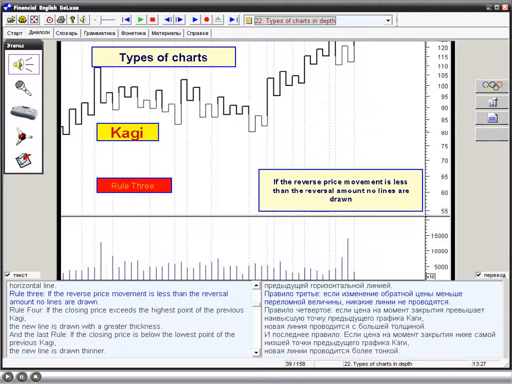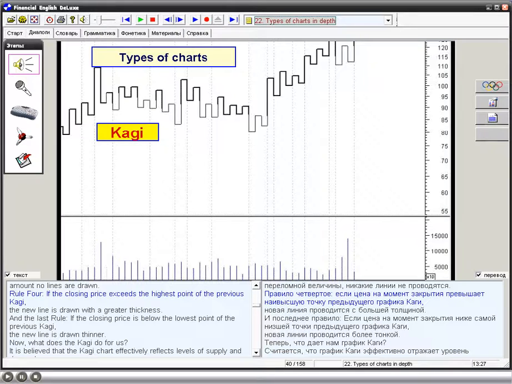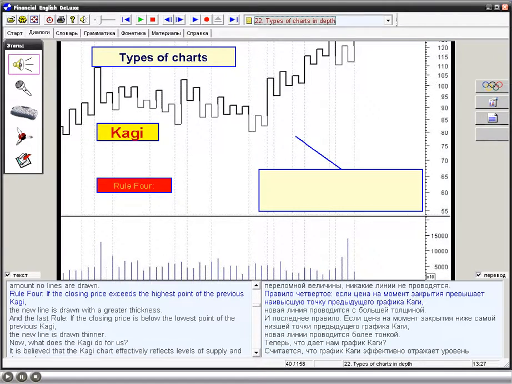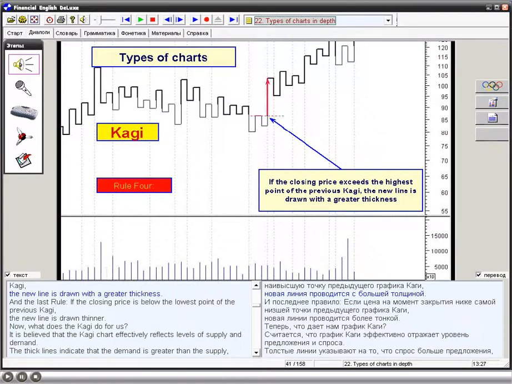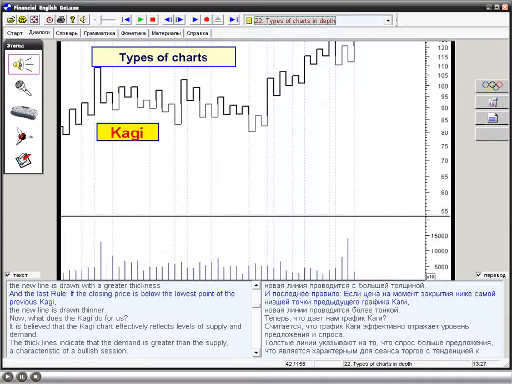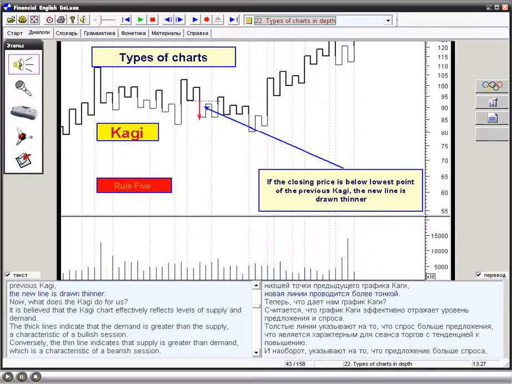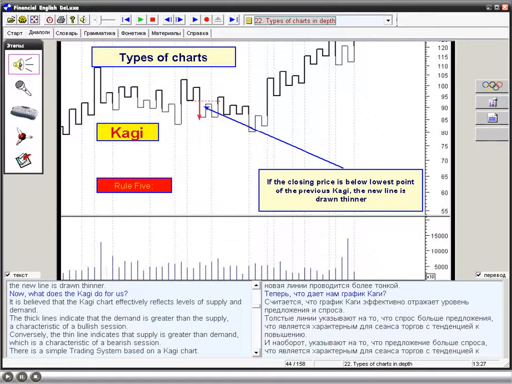If the reverse price movement is less than the reversal amount, no lines are drawn. If the closing price exceeds the highest point of the previous kagi, the new line is drawn with a greater thickness. And the last rule, if the closing price is below the lowest point of the previous kagi, the new line is drawn thinner.